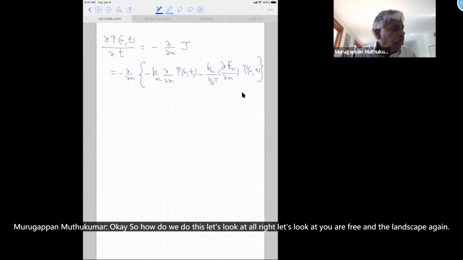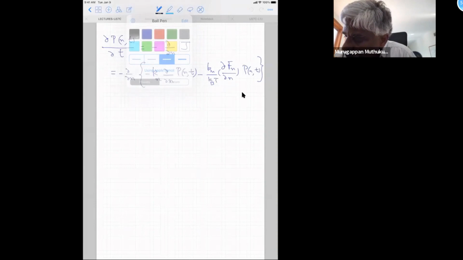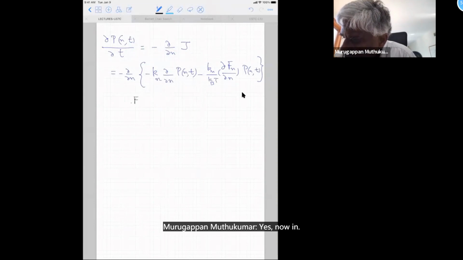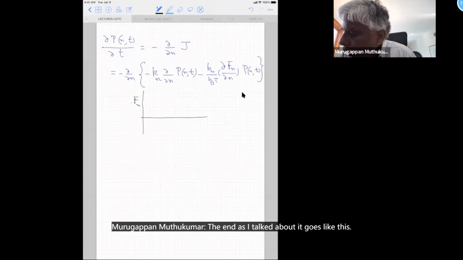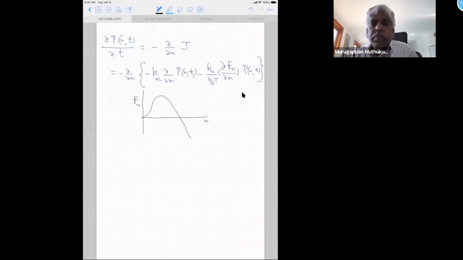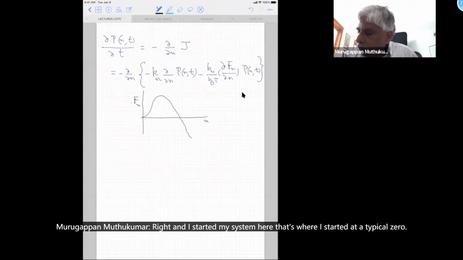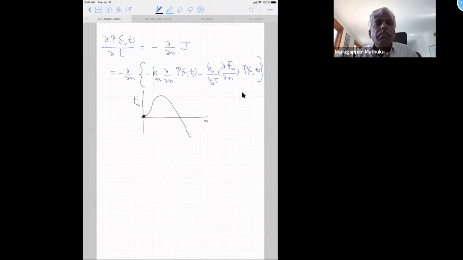So how do we do this? Let's look at your free energy landscape again. F of n, with respect to n. As I talked about, it goes like this, and I started my system here. That's where I started, at t is equal to 0.